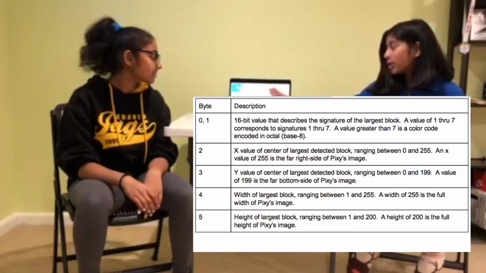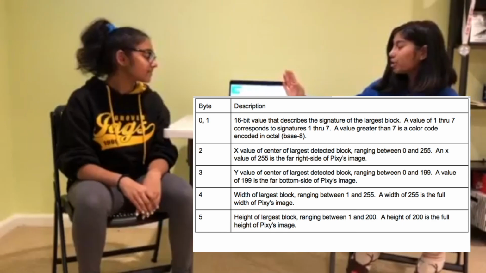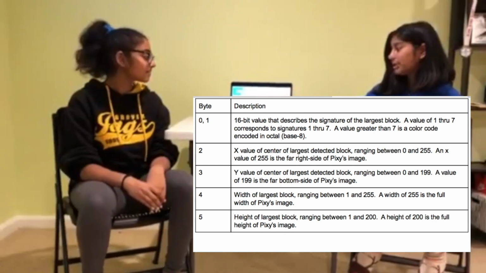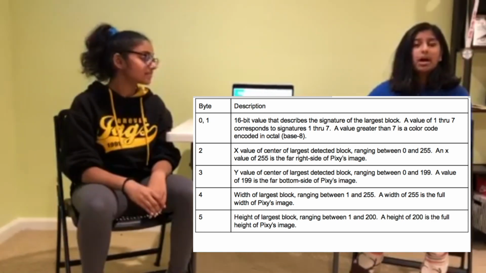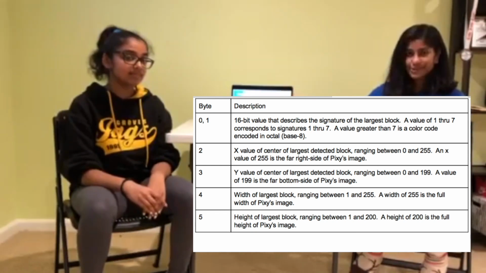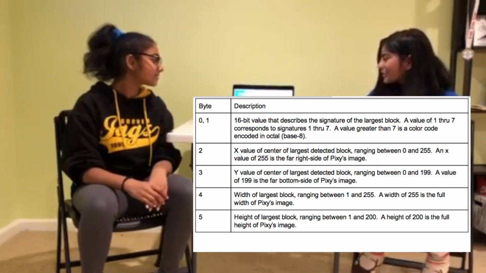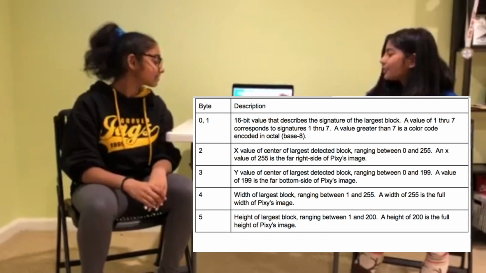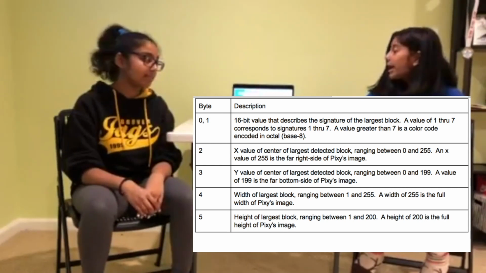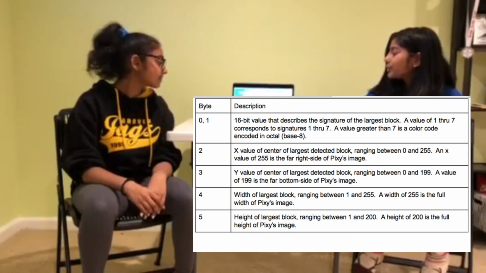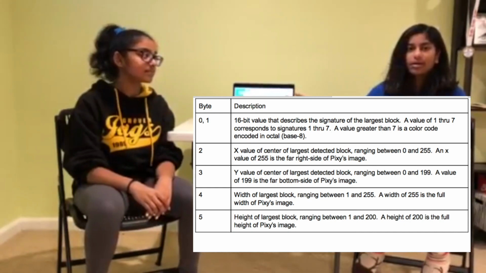It'll say it has 5 bytes that describe the largest block of the signatures 1 through 7. Byte 0 will give you the number of blocks that certain color has. Bytes 1 and 2 will have the coordinates of that specific block, and bytes 3 and 4 will give you the dimensions of that block.